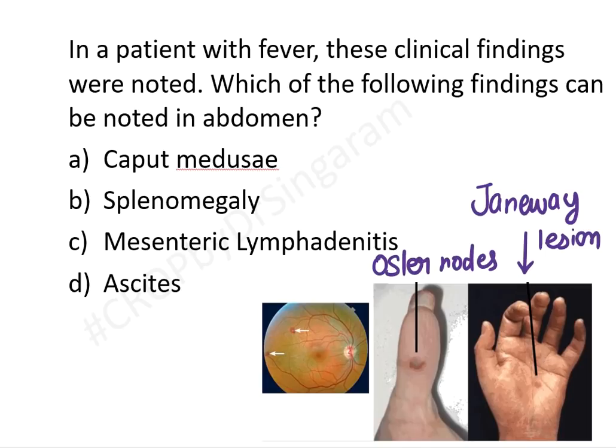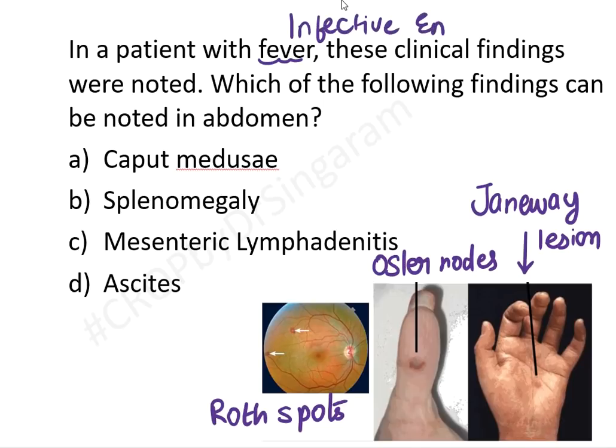Next, in the eye there are some red spots called Roth spots. All these findings in a patient having fever are very suggestive of infection of the heart called infective endocarditis. I am not going into the details of why they occur, but please remember they are all associated features of infective endocarditis.